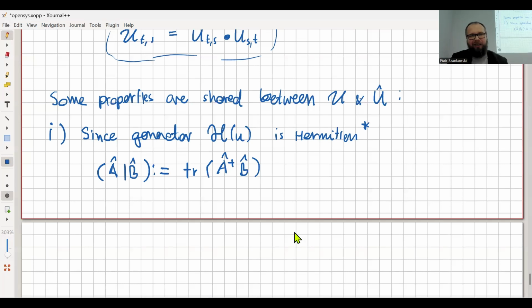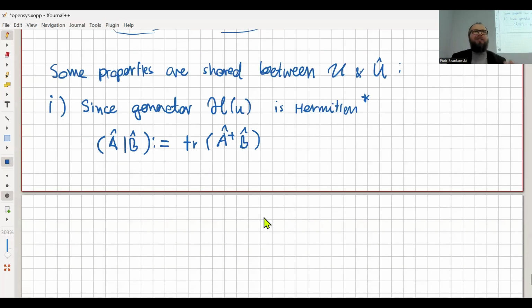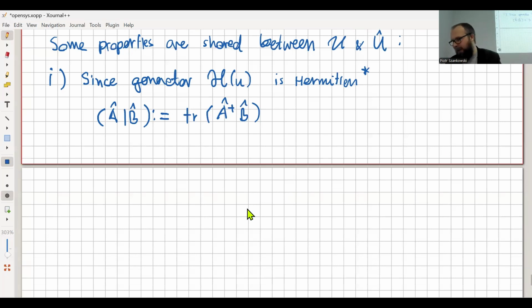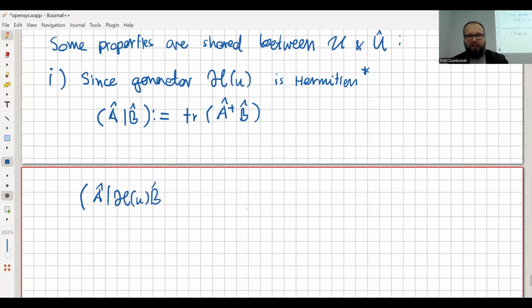But once you have a scalar product, you can now talk about hermiticity. Because hermiticity means that a superoperator is Hermitian if A with curly H U on B equals curly H U on A with B. When you have an inner product, this is how you define hermiticity.